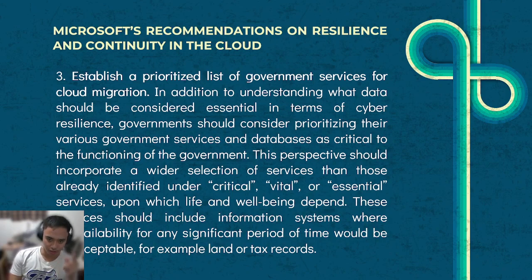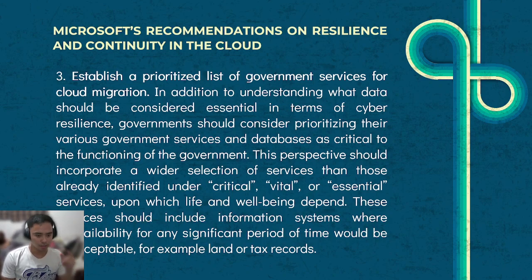These perspectives should incorporate a wider selection of services than those already identified under critical, vital, or essential services, upon which life and well-being depend. These services should include information systems, where unavailability for any significant period of time would be unacceptable, for example, land or tax records.